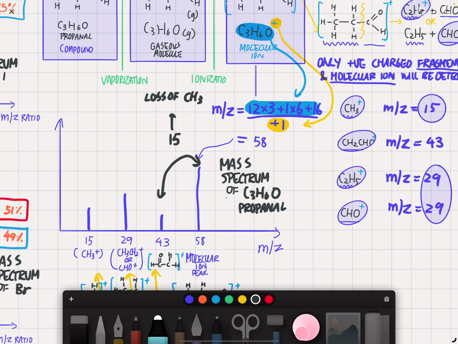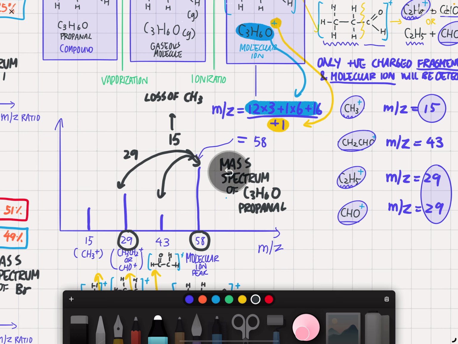Because if you lose a fragment that has a mass of 15, that would most likely be a CH3 fragment. And if you have lost 29 units of mass, you compute the difference: 58 minus 43 is 15. But when you compare these two peaks, 58 minus 29 will be 29.